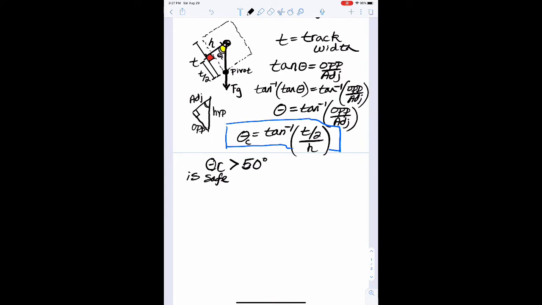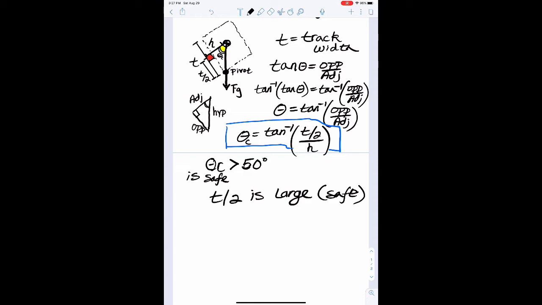And so what creates a large critical angle? We would say when t over 2 is large, that's also safe. So when the track width is larger, because if t is larger, then t over 2 is large.